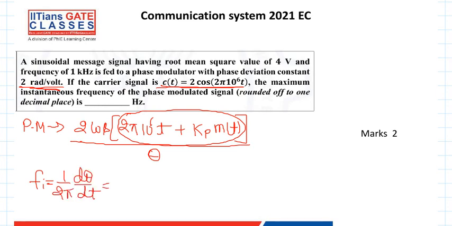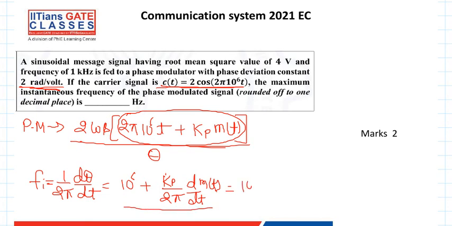If you calculate it, it will come out to be 10 to the power 6 plus kp upon 2 pi d by dt of m(t). We are differentiating this complete term with respect to t and then dividing by 2 pi. So after doing some calculation, I reached here. Now 10 to the power 6 plus kp, which I have replaced with 2, divided by 2 pi.